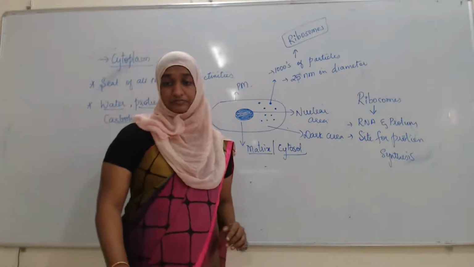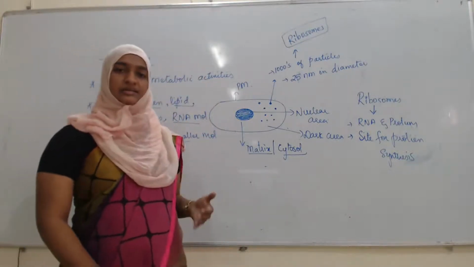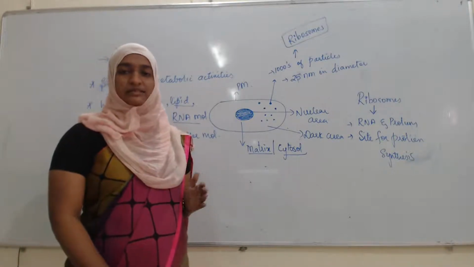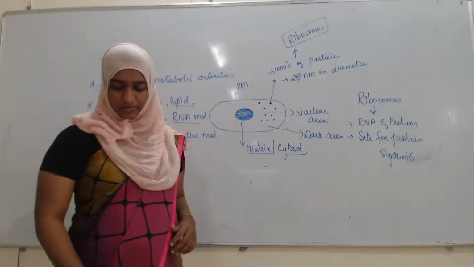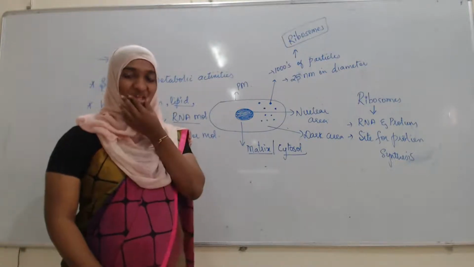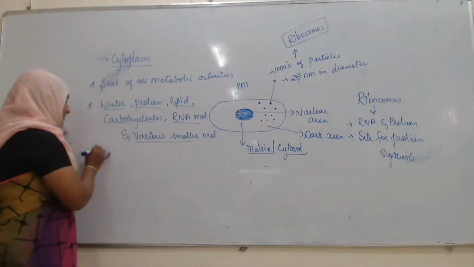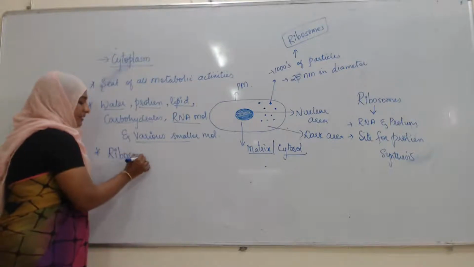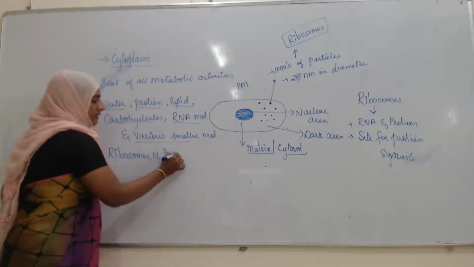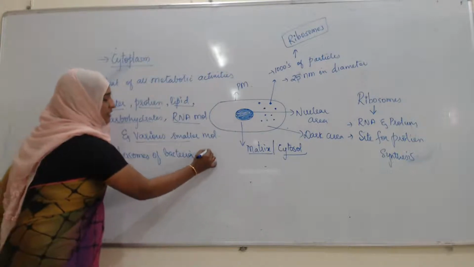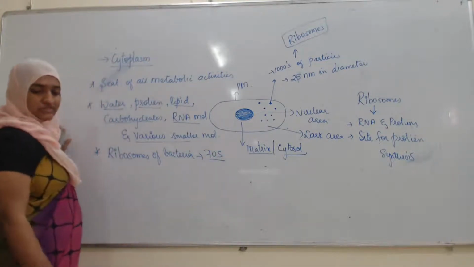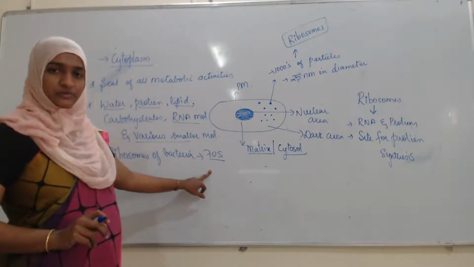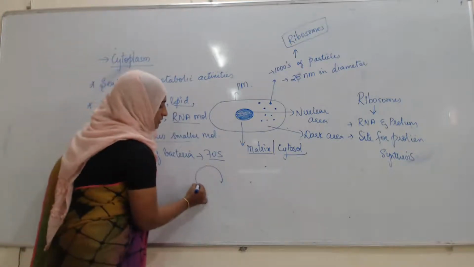All ribosomes, whether present in the eukaryotic cell or the prokaryotic cell, have certain subunits. The ribosomes of bacteria are always 70S, which consists of two subunits. For example, this is the ribosome.